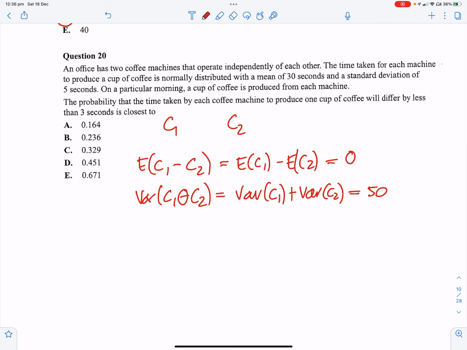And so we know the new distribution has a mean of 0 and a standard deviation of root 50, and it's got to differ by less than 3 seconds. So it can go 3 seconds above or 3 seconds below.